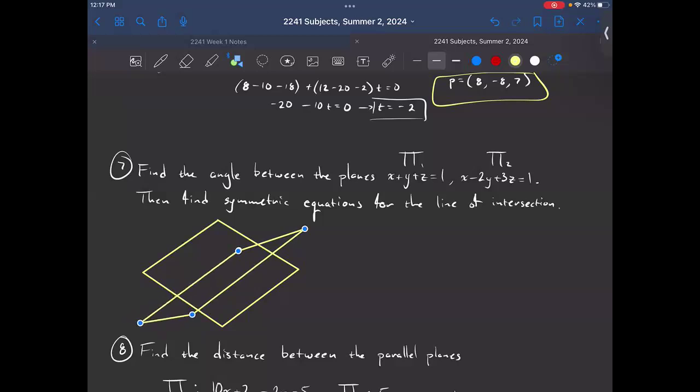All right, good enough, I think. So the line of intersection is going to be that one. So there's L, and we'll call these pi 1 and pi 2.